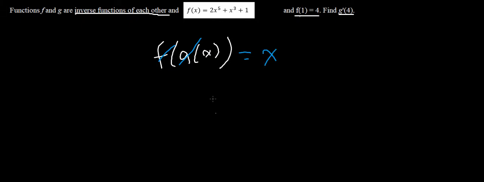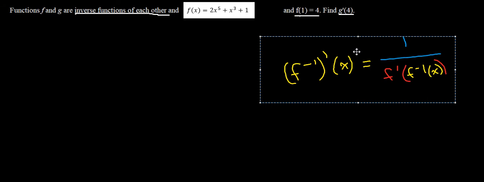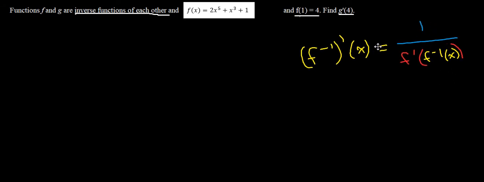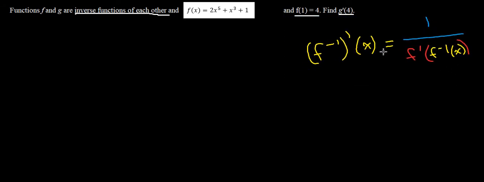If you take the derivative, we get our derivative rule. I'm going to copy the derivative rule that we derived in the last video and leave it there for easy reference.